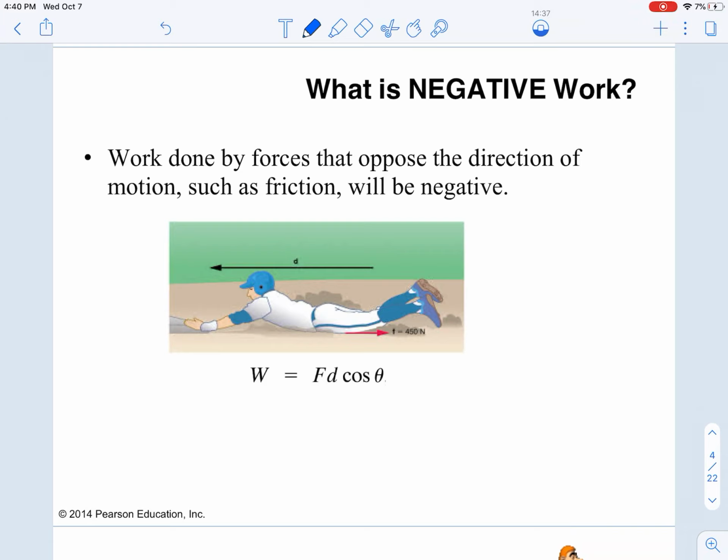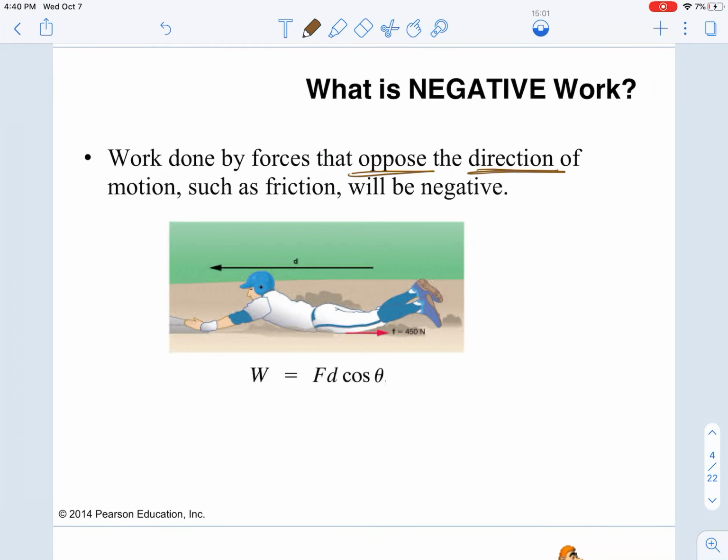Well, here it says that work is done by forces that oppose the direction of the motion, such as friction, will be negative. So negative work is work that opposes the direction of my object's motion.